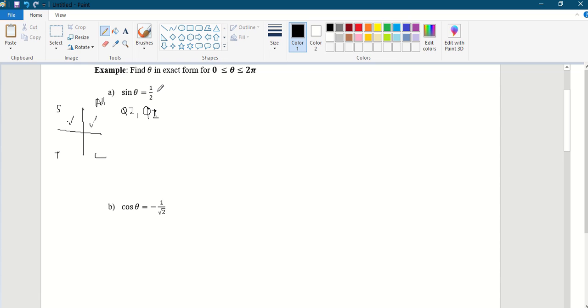Now we are given half and we want the answer in exact form, so we have to realize that this is a special triangle. Another way to remember that is if you see numbers like 1, 2, square root of 3 and square root of 2, a combination of those, it is most likely a special triangle. So let's quickly remind ourselves of the special triangle with half in it.